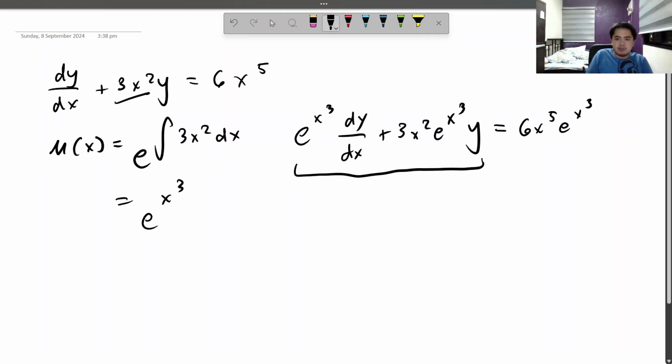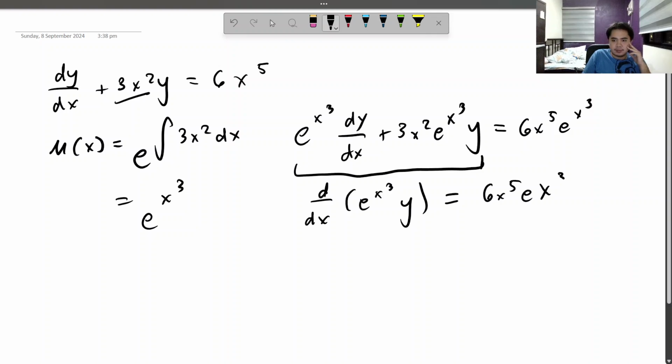This is guaranteed to be a product rule of this form, right? Because the formula says that it is going to be this form, the product rule. And then the next part is to just copy this one. Now, we have to integrate both sides with respect to x.